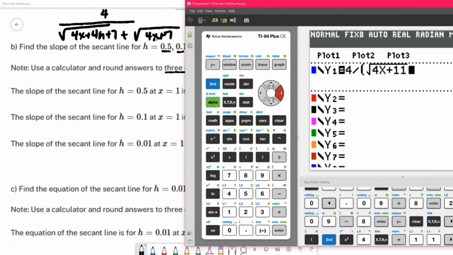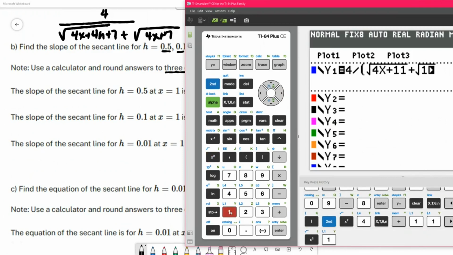And then if I substitute a 1 in for this x here, 7 plus 4 is also 11, so this will be plus square root of 11. And let me close parentheses for the denominator. So I substituted a 1 in for here. 4 times 1 is 4, plus 7 is 11. And I'm using an x for that h there.